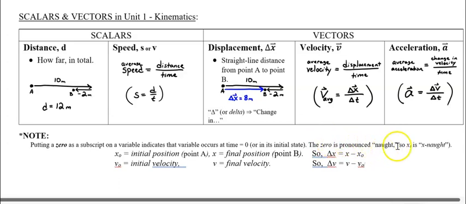That 0 is pronounced naught. It's a British term, which means nothing. So x naught is the way we would say the variable. So when you have your x, which is at 8, and then minus 0, then we would get our 8 meters. So it's just how far you end up from where you started.